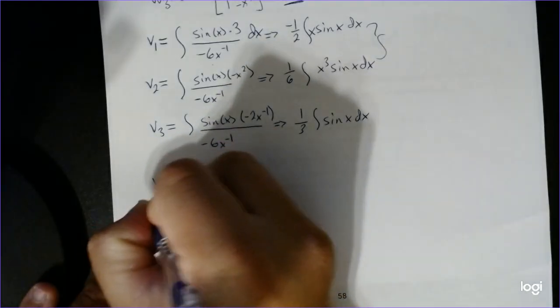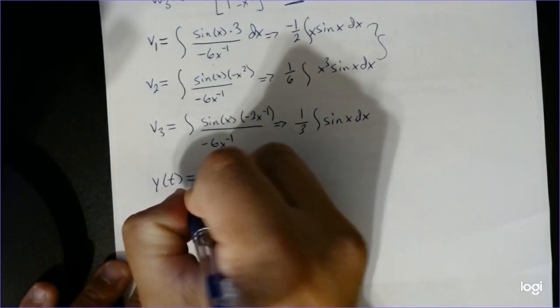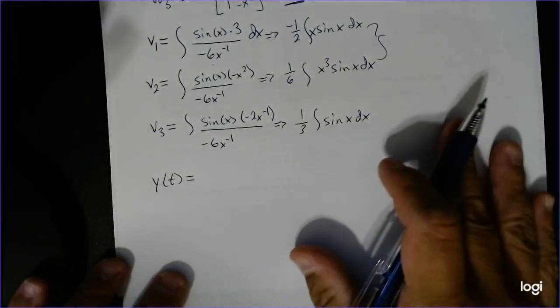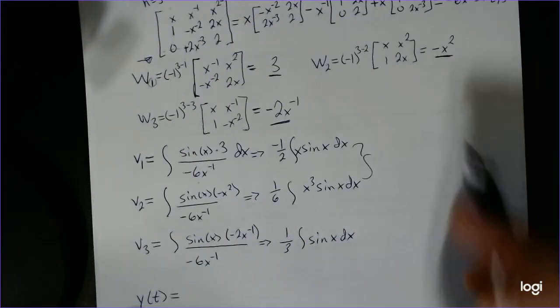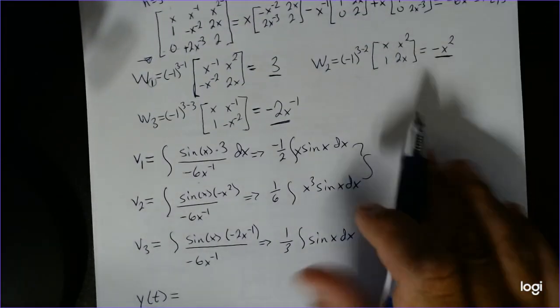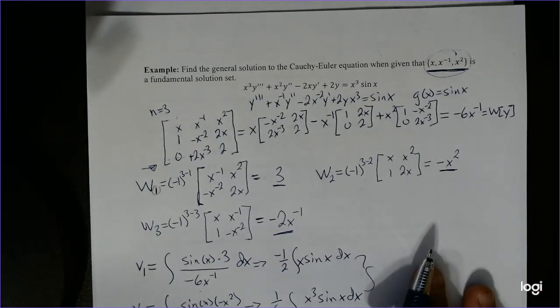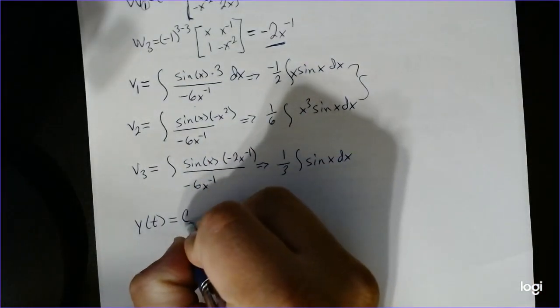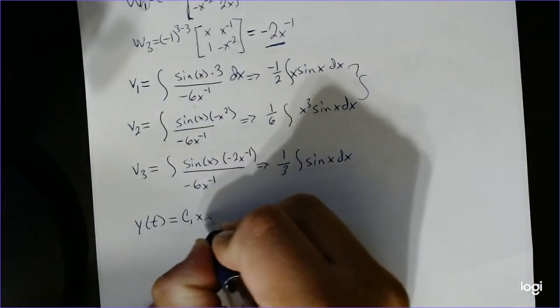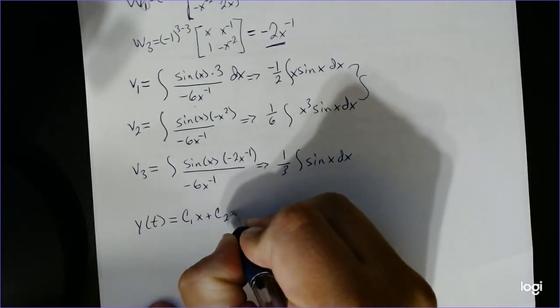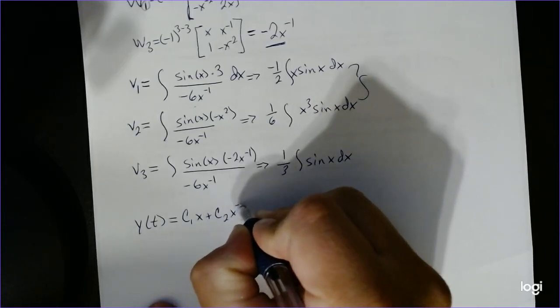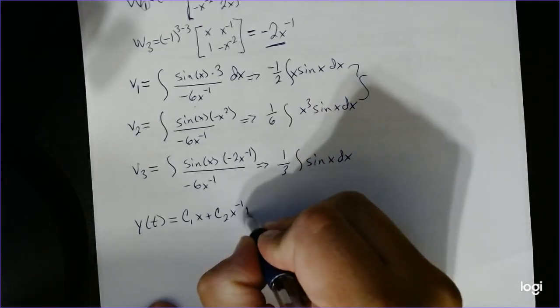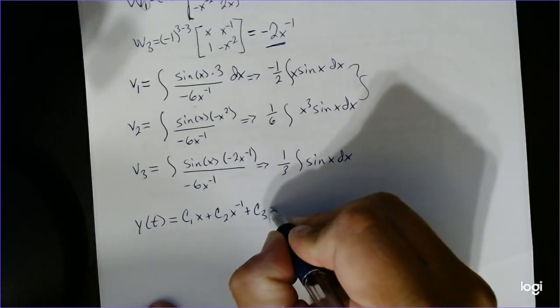is finally our general solution. So when it comes to our general solution, we use first our fundamental set. So it'll be C1 times x plus C2 x to the negative 1 power plus C3 x squared, right?